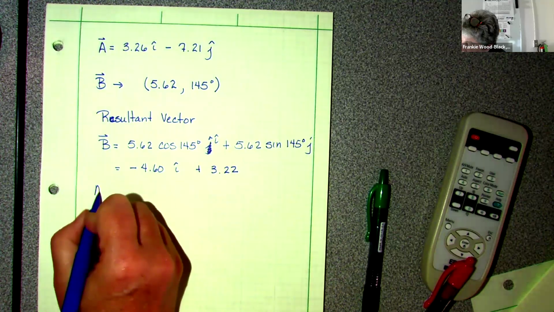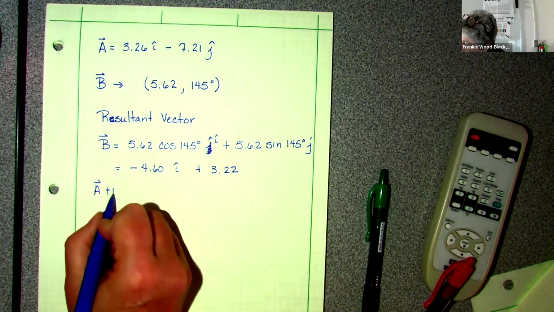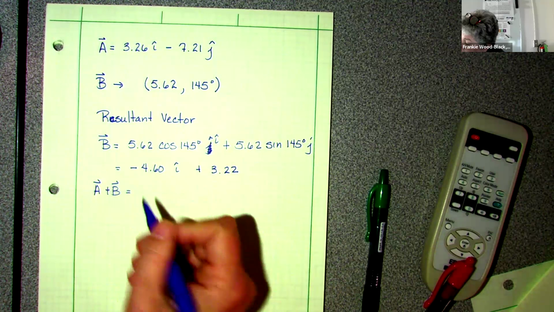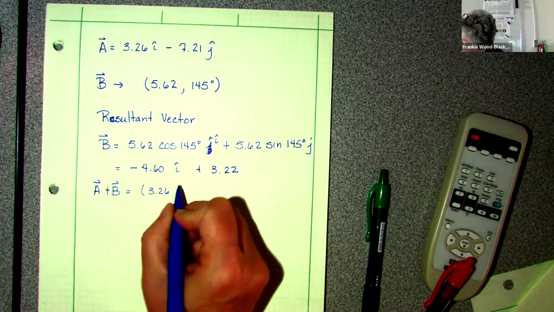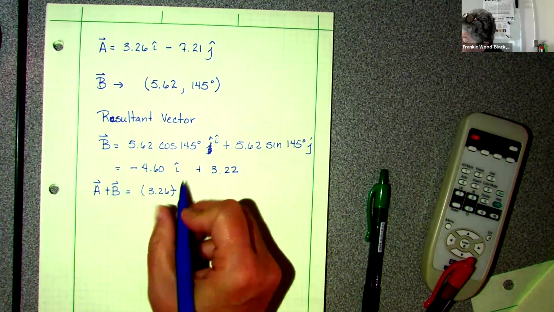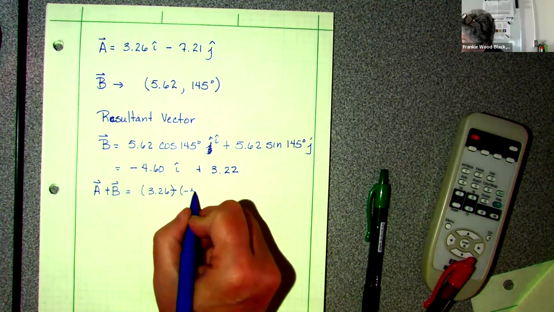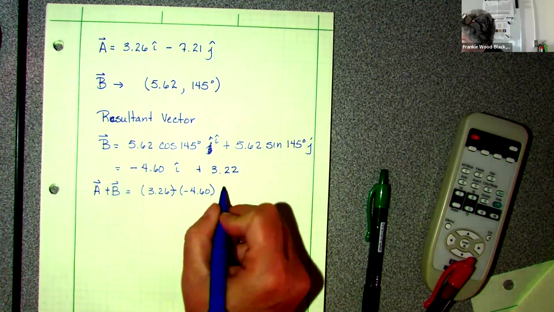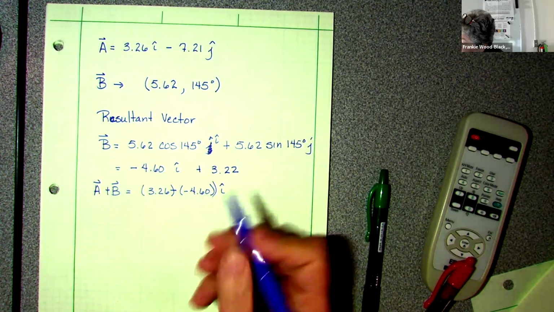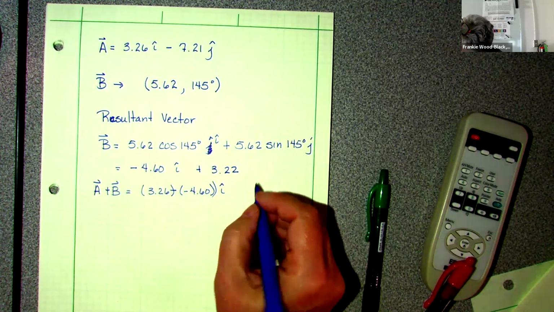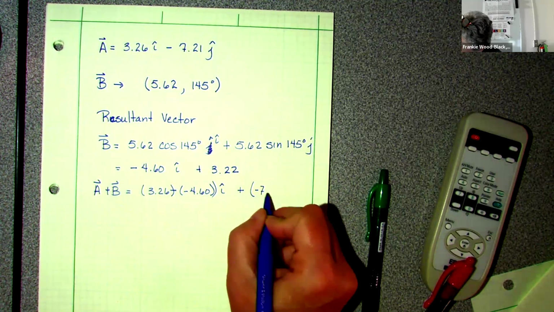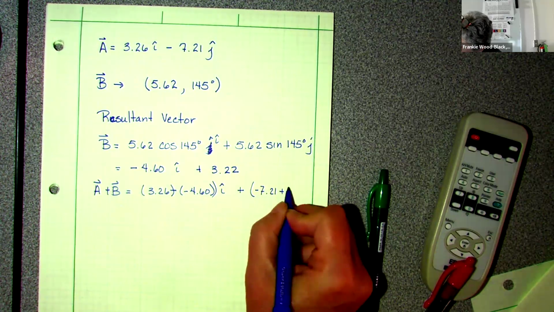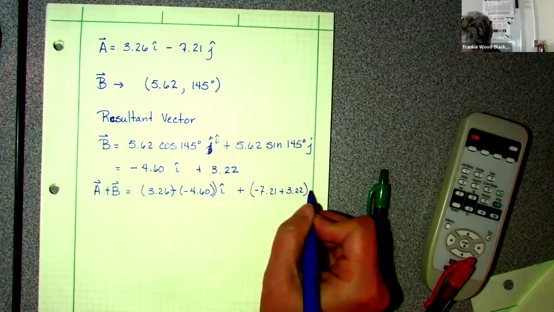So I can do it mathematically. I can add my A plus B. So I'm going to get my 3.26 plus a negative 4.60 in the i direction, and I'm going to get a negative 7.21 plus 3.22 in the j direction.